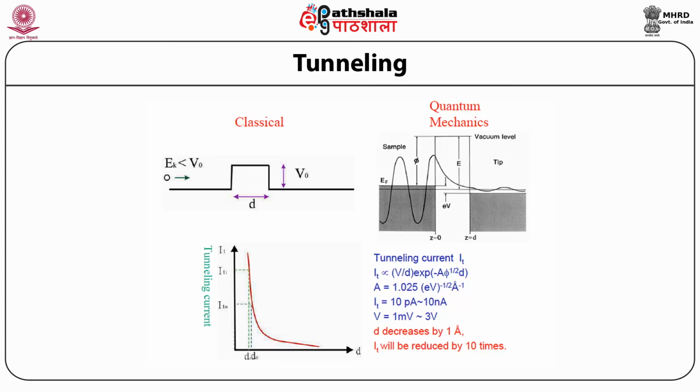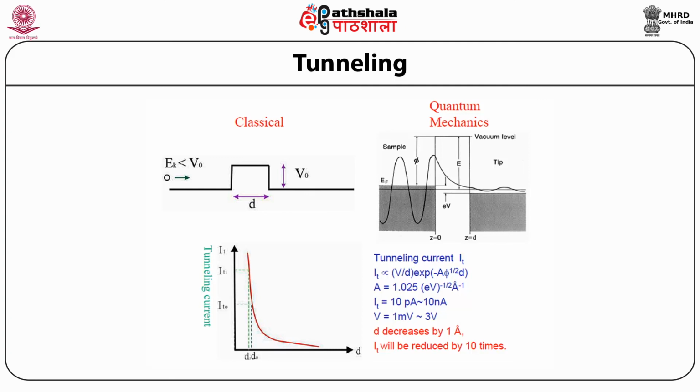The tunneling current IT is proportional to V by D multiplied by exponential of minus A root phi multiplied by D, where A is equal to 1.025 eV to the power minus 1 by 2 angstrom minus 1, and IT is approximately 10 picoamperes to 10 nanoamperes, and V is 1 millivolt to 3 volts.